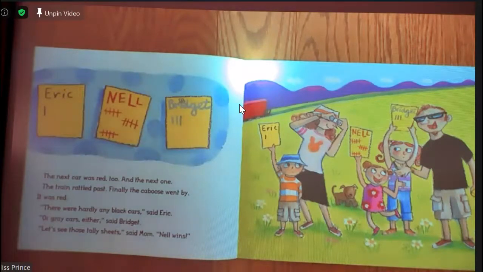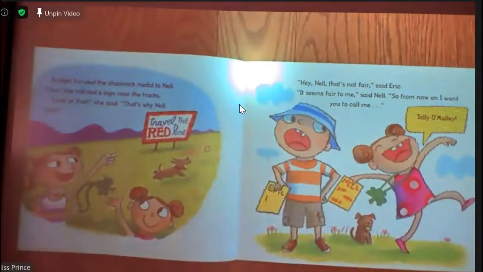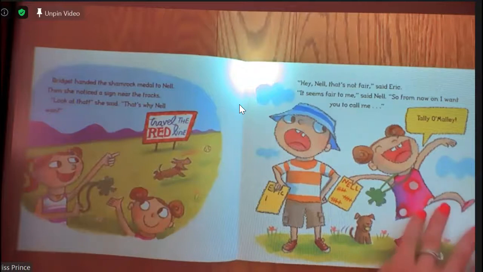Nell wins. Bridget handed the shamrock medal to Nell. Then she noticed a sign near the tracks. Look at that, she said. That's why Nell won. Hey, Nell, that's not fair, said Eric. It seems fair to me, said Nell. So from now on, I want you to call me Tally O'Malley.